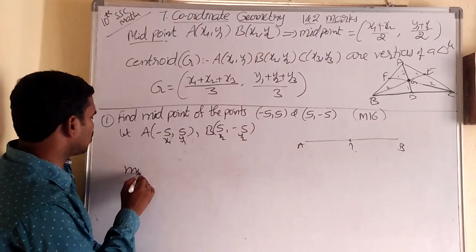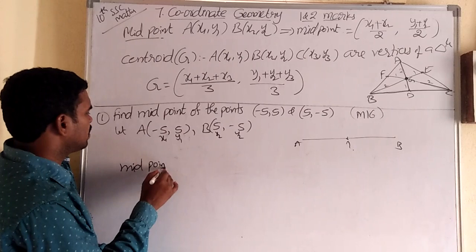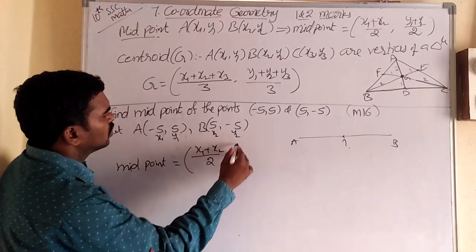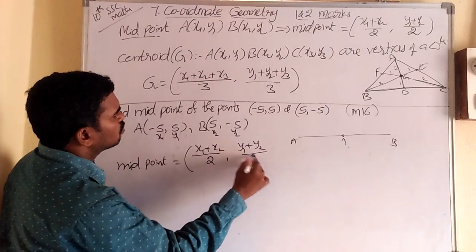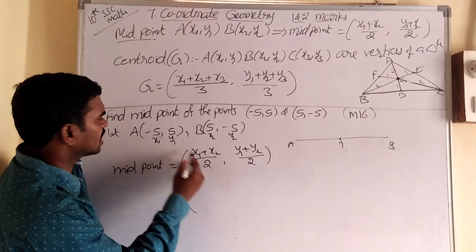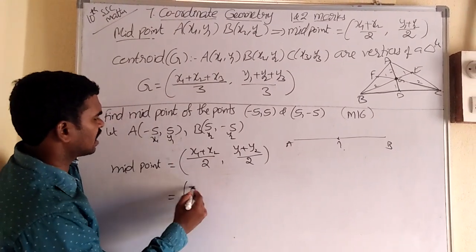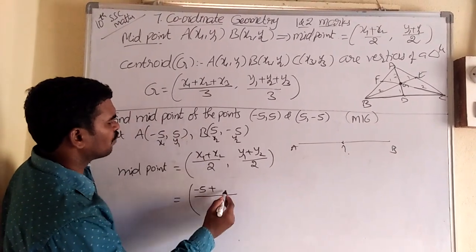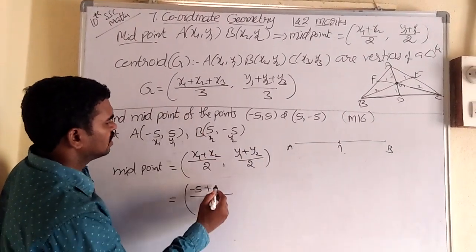So what is the midpoint formula? (x1 plus x2) by 2, (y1 plus y2) by 2. So x1 means the first number, minus 5. Next, the plus symbol. Next x2, what is the x2 value? 5.